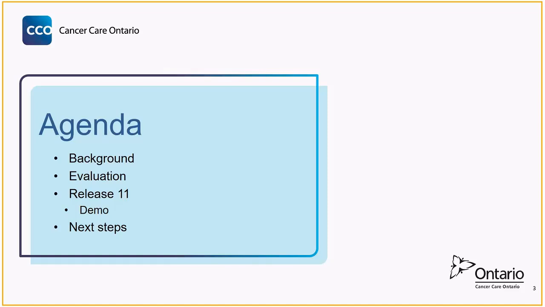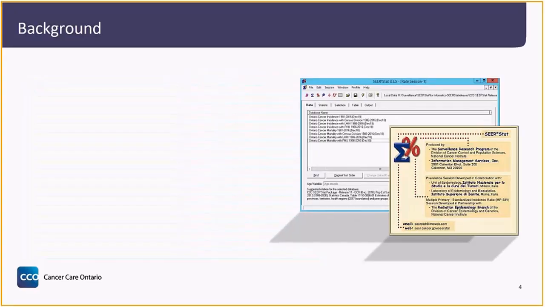I'll go over what is included in the package, focusing on the data enhancements in this new release, and actually demonstrating how to use these new functions in SEER Stat. We'll end off with some next steps with regard to the disclosure process for release 11, and finally we'll open up the line for questions.